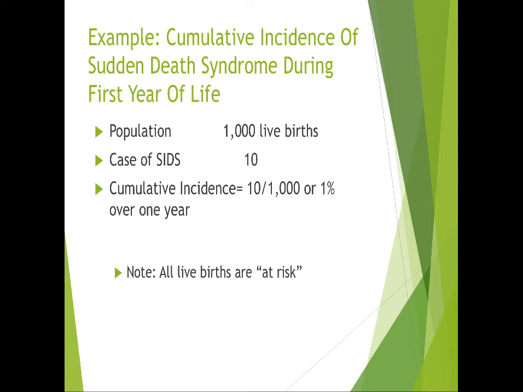Based on the equation that I gave you, you would take your new cases of disease, the 10, and divide it by your live births, because these are people who are at risk for SIDS, not all births, because not all births are live. So you would only calculate live births, and then you would multiply that with a base. So all live births are at risk.